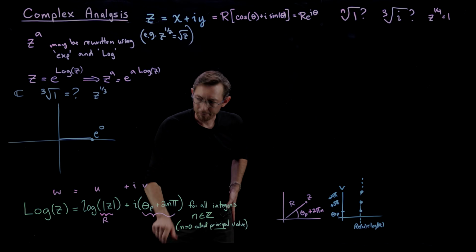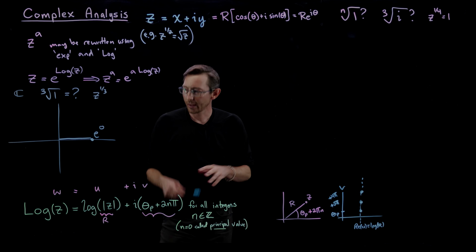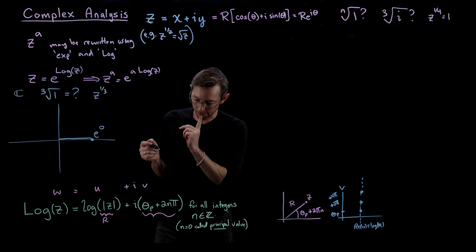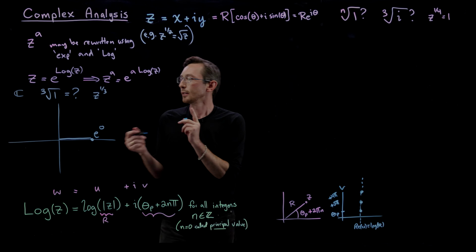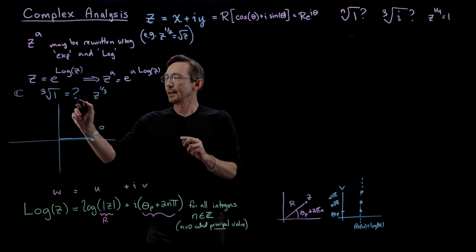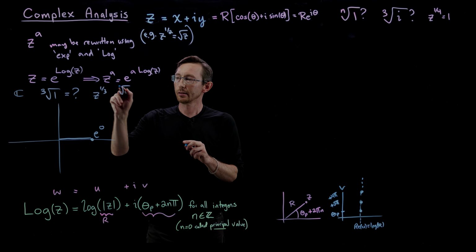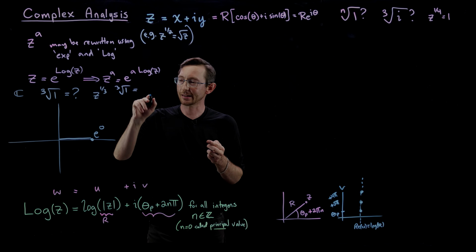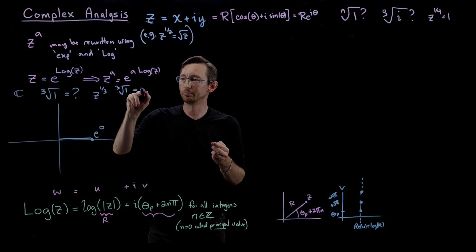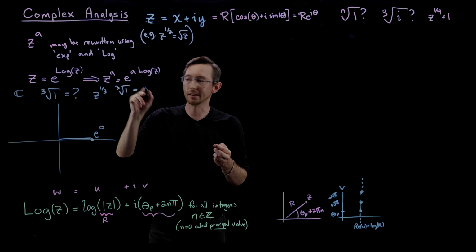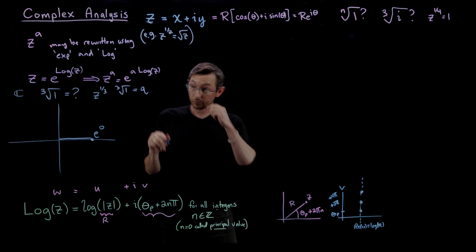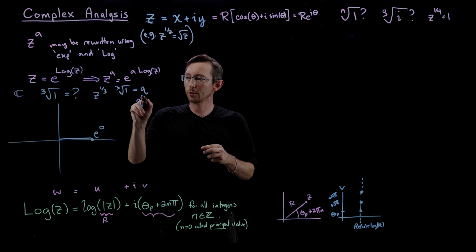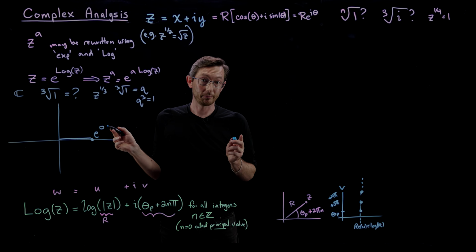But what's interesting is this. Let's say that this number, the cubed root of 1, we call q, just to be cute. So we're saying q cubed equals 1.